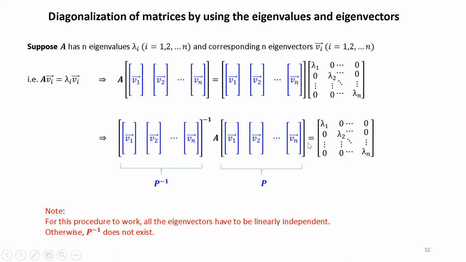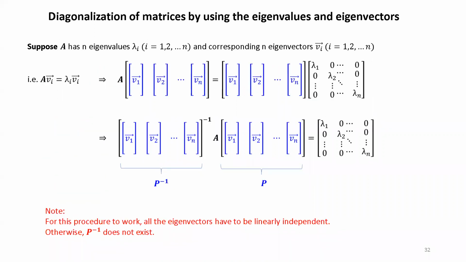And when will you not have a P inverse? You don't have a P inverse if the set of the eigenvectors are not linearly independent. If that happens, then this inverse does not exist.